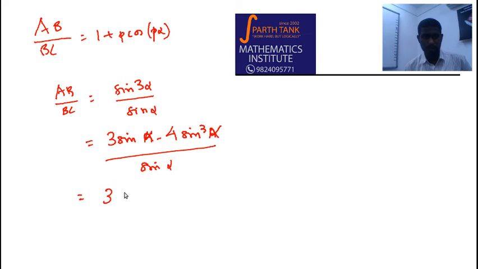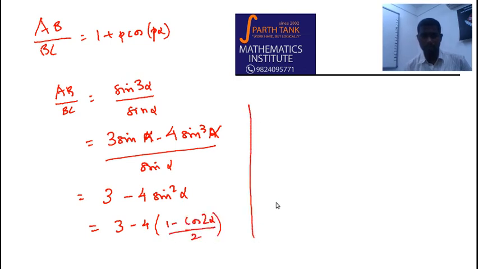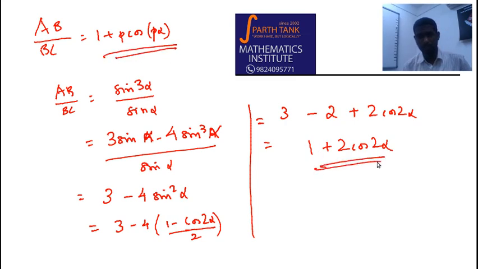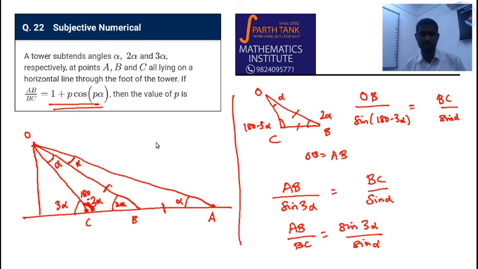If I cancel the sine alpha from the numerator and the denominator, I get 3 minus 4 sine square alpha. Now sine square alpha, to make it cos of something, can be written as 1 minus cos 2 alpha upon 2. So this becomes 3 minus 2 plus 2 cos 2 alpha, or 1 plus 2 cos 2 alpha. So compare with this, P is 2. A very neat problem, application of the law of sines here. So the value of P is 2.